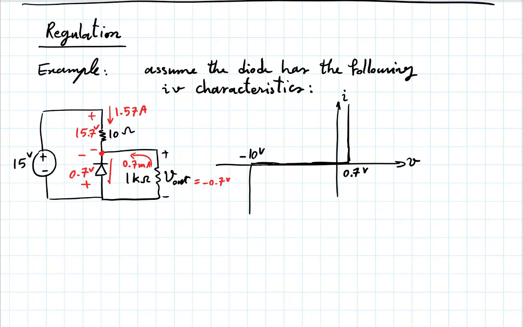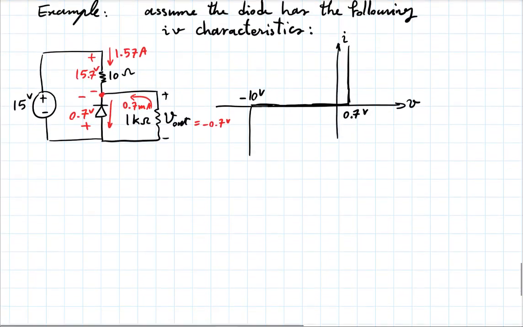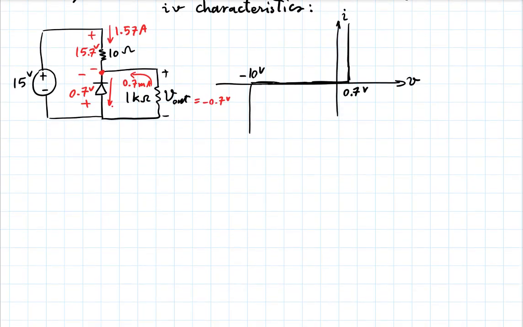That you have a current going like this of 15.70, sorry, 1.577 amps. Can the diode allow that reverse current like that? No. So this doesn't work. If I started by assuming that the diode was on at 0.7 volts, I would reach a contradiction here.